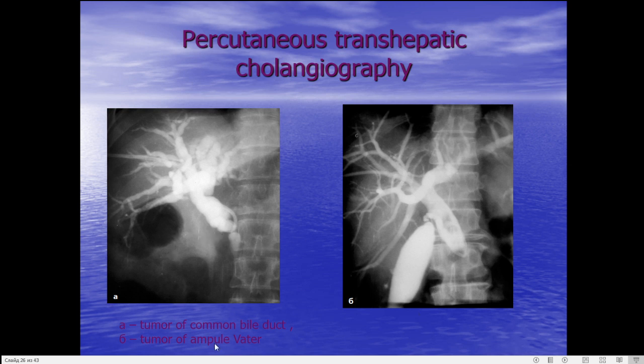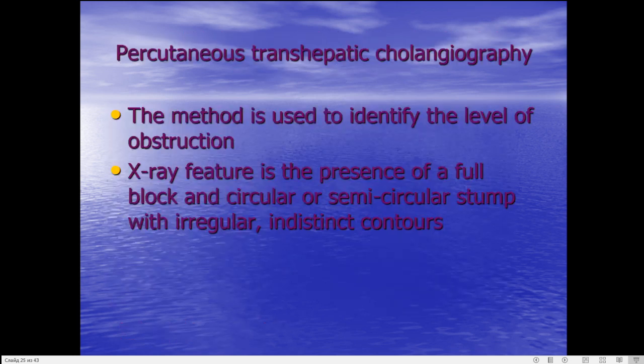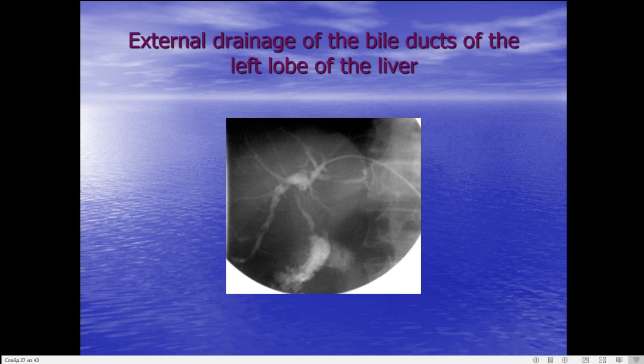And in tumor of the ampulla of Vater, it is different. The operation will be different depending on the level of obstruction. It is very important to know the level of obstruction.